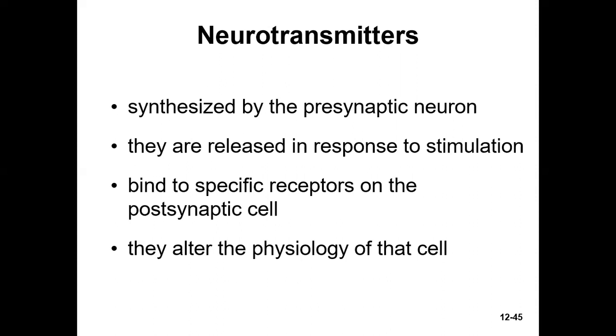In this case, we are talking about the action potential, an electrical gradient or pulse. Then they have to bind to specific receptors on the postsynaptic cell. So even if a particular neurotransmitter is produced, if there are no receptors for it, it won't be received. It will be broken down, degraded, and reabsorbed, hopefully.